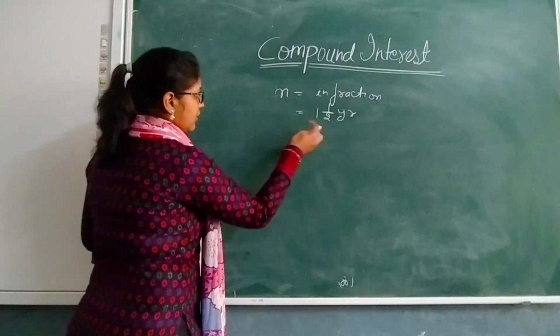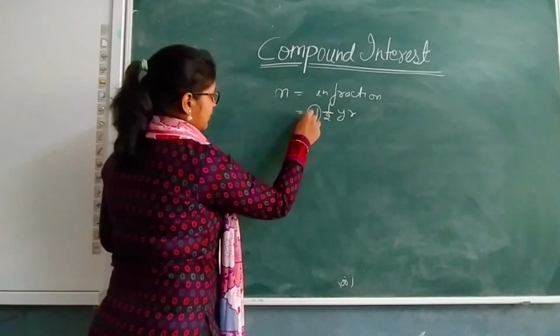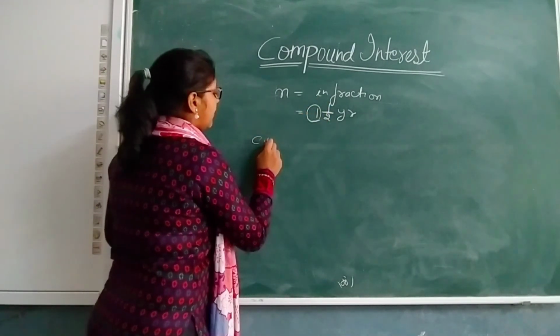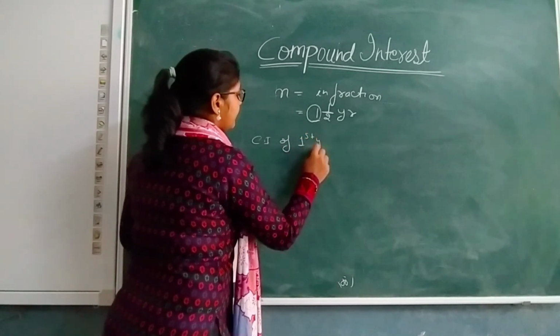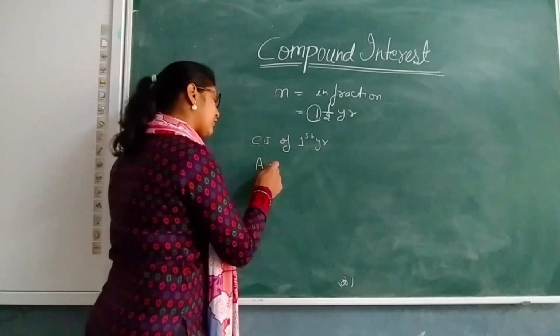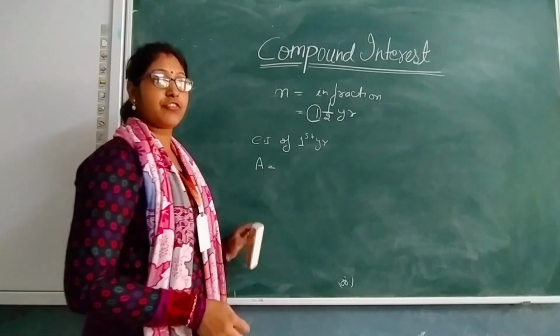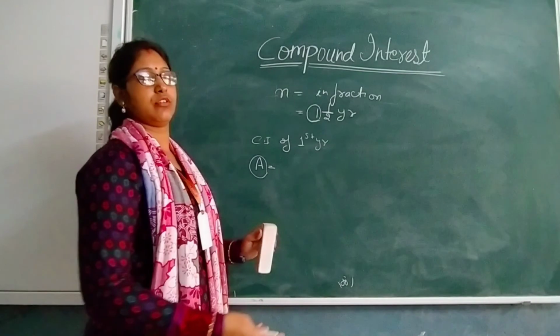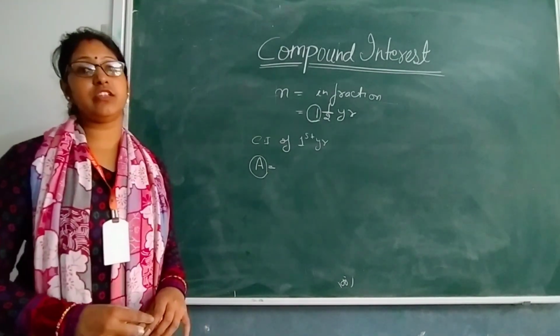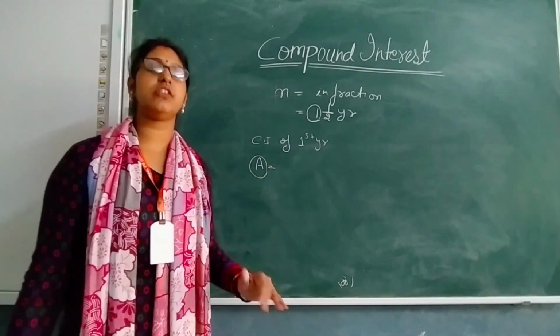Then first we calculate the compound interest of the first year. Then we calculate our amount, and after that we calculate simple interest on this amount for the remaining half year. On the basis of these concepts, we can solve lots of questions in our online classes.